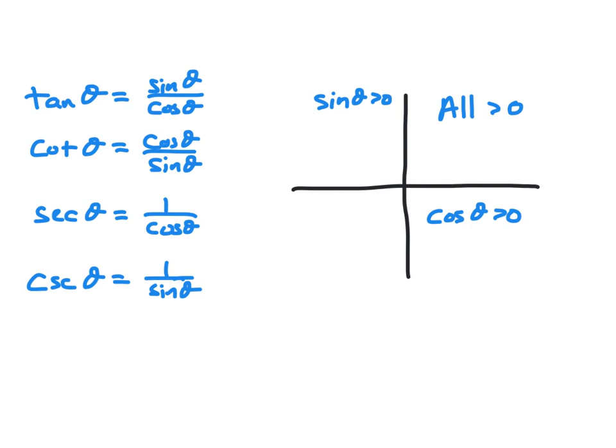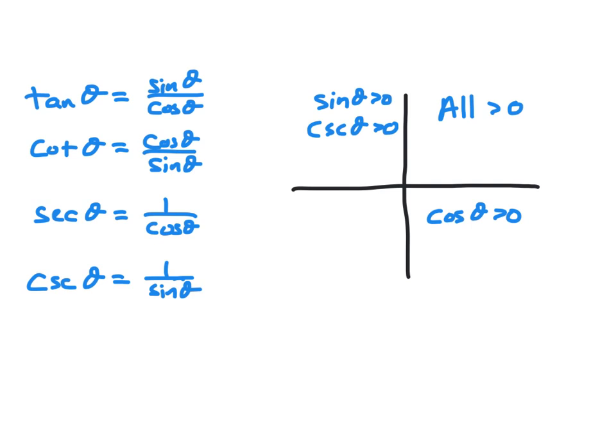Both of those will be negative. However, the cosecant of an angle in quadrant 2 will be positive. This is because it's 1 over the positive number sine theta, and the reciprocal of a positive number is also positive. So in quadrant 2, the sine of theta and cosecant of theta are positive, and the remaining trig functions are negative.